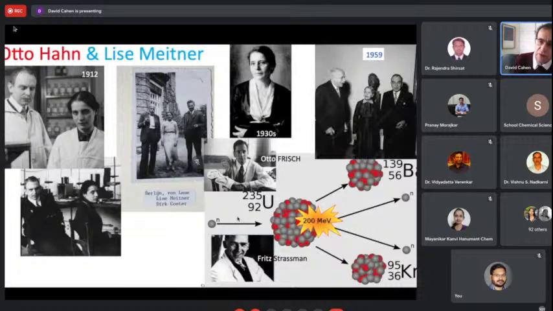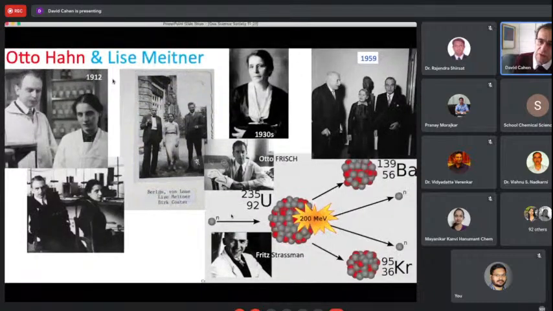As you know, only Otto Hahn was recognized by the Nobel Committee. Lise Meitner was not. The reasons for that have been discussed at length once the Nobel archives were opened, and supposedly had to do with a fight between the chemistry and physics chambers of the Royal Swedish Academy.